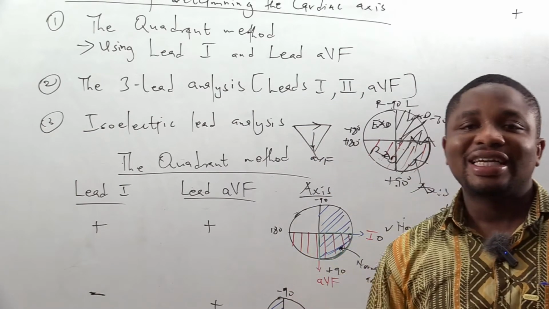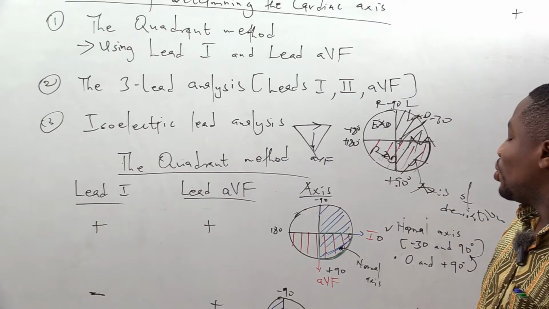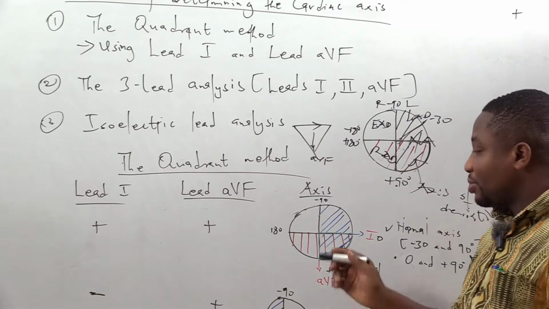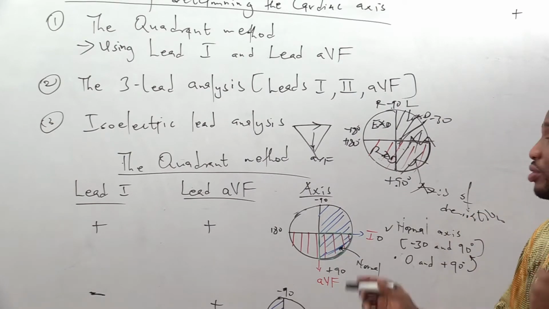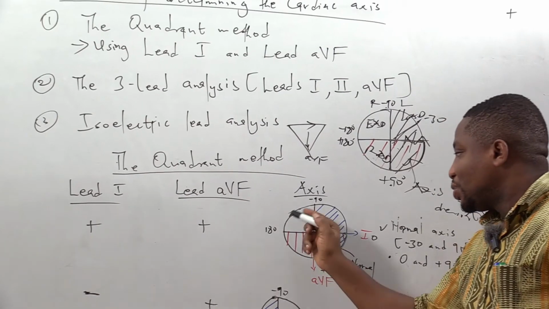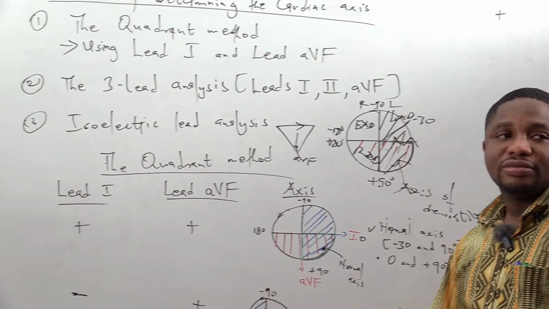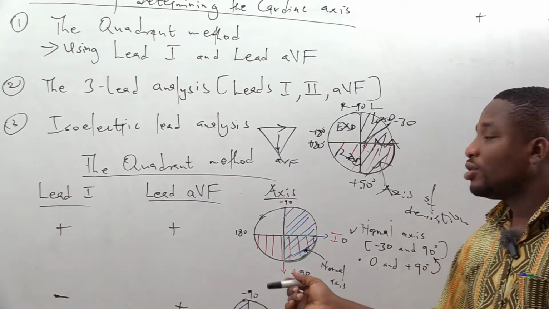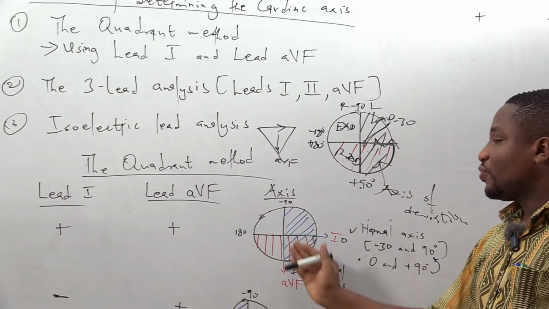What will be the axis of deviation? So in that case, we will draw our circle and, as usual, we'll have our quadrant. We'll divide it into 4 parts.